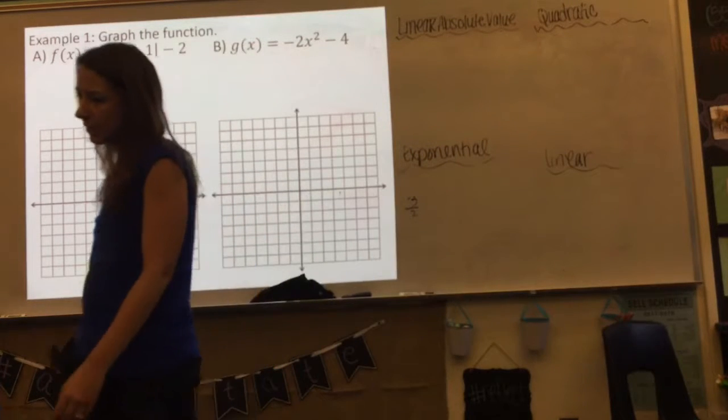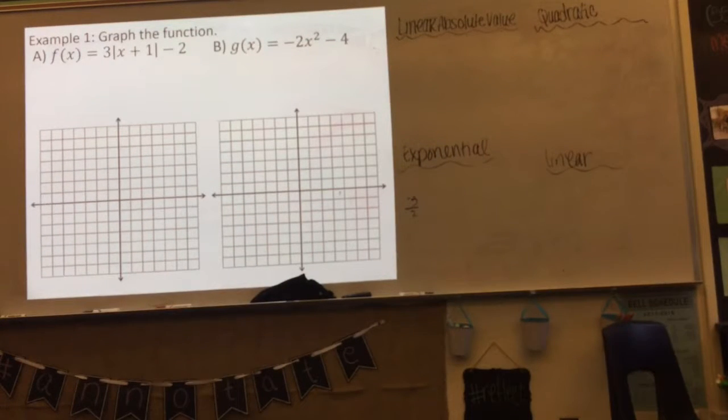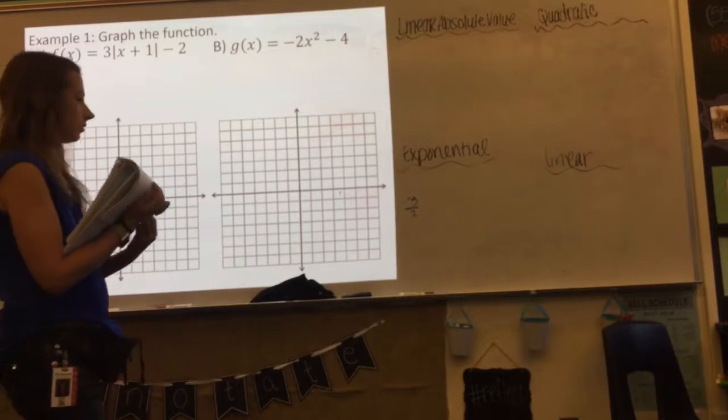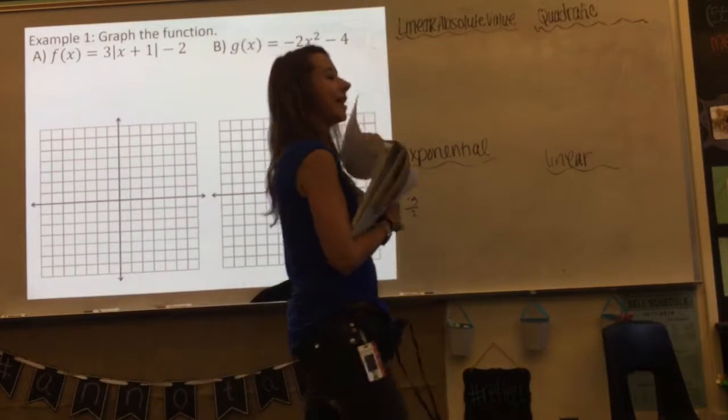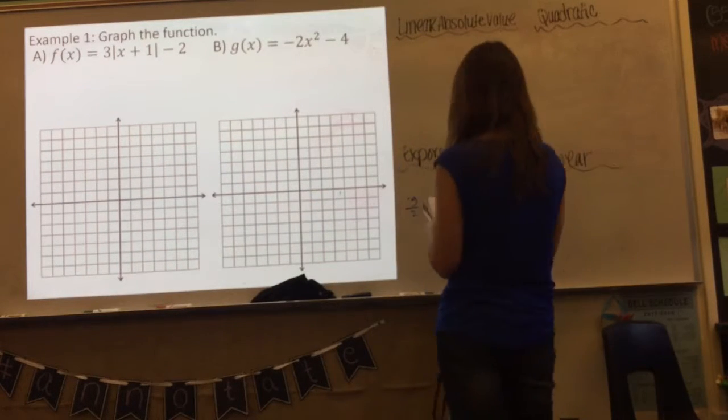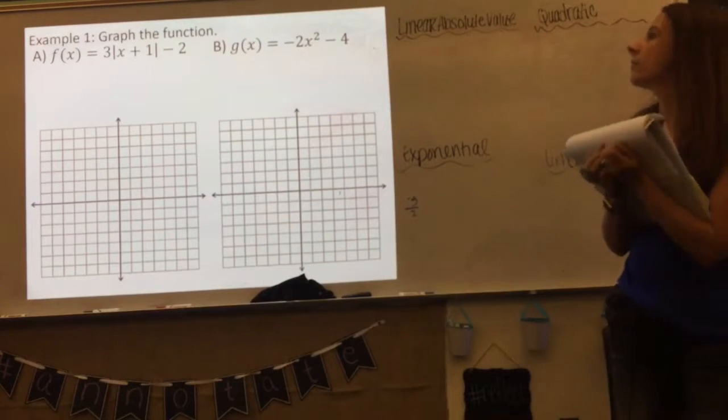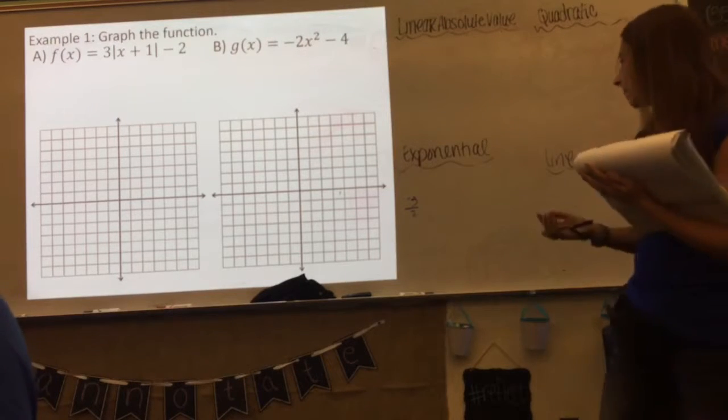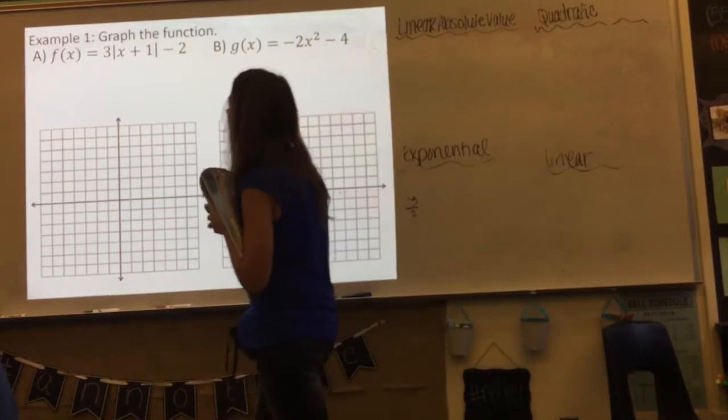Let's look at those steps again. You might have to flip back and forth. What was the first step? Identify the parent function. What is this one? Absolute value. How do I know?